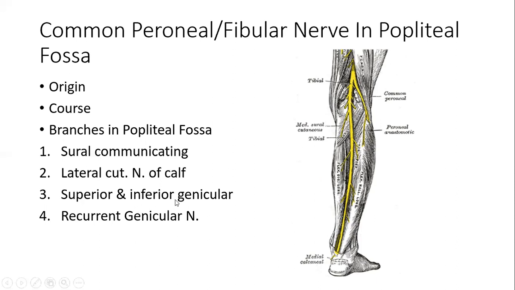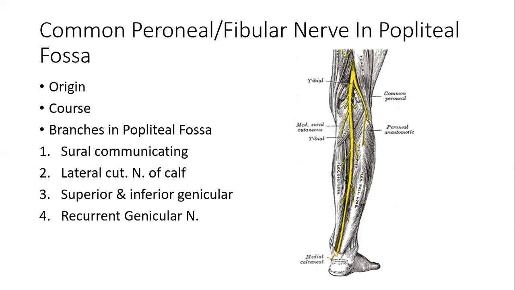Superior and inferior genicular nerves travel with the arteries of the same name, and finally they end by supplying the lateral ligament of the knee joint as well as its capsule. Lateral cutaneous nerve of the calf is one of the cutaneous branches given off by the common fibular nerve within the popliteal fossa.